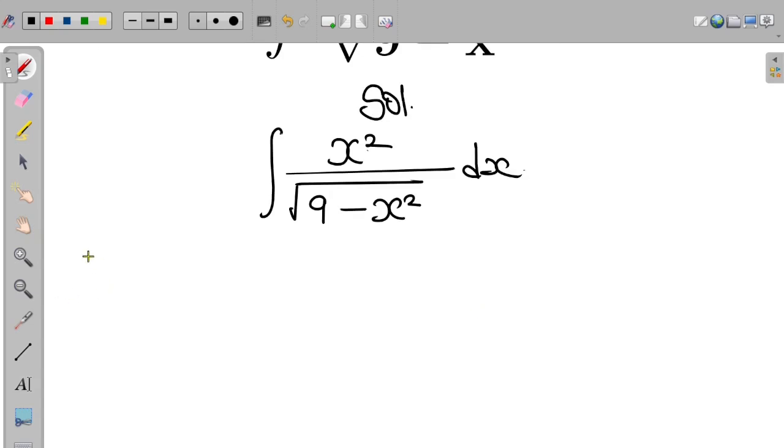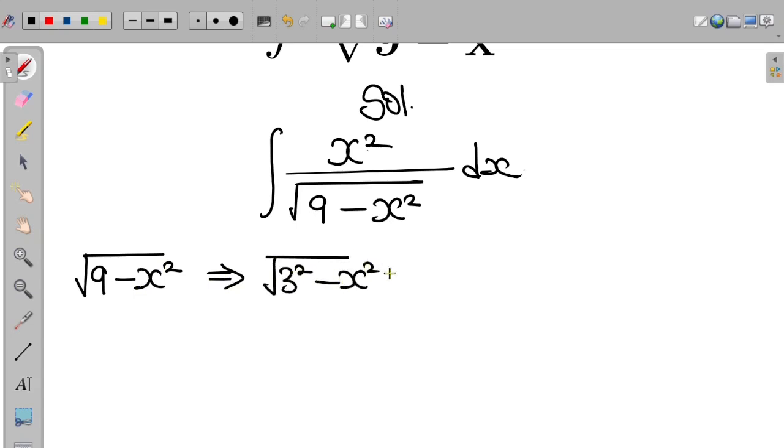So we know that the denominator is root of 9 minus x squared, which can further be expressed as root of 3 squared minus x squared. Now, looking at this, the denominator is of the form root of a squared minus x squared.